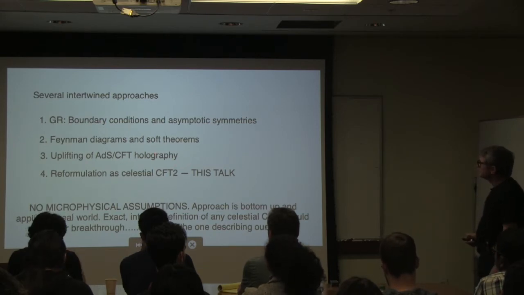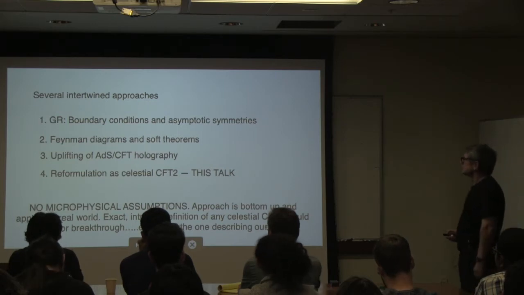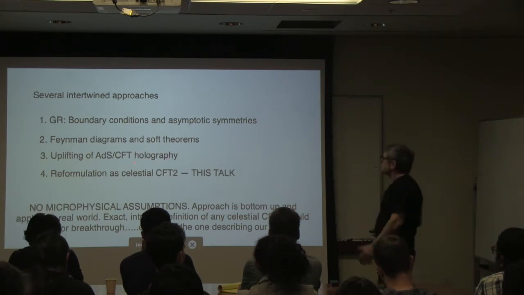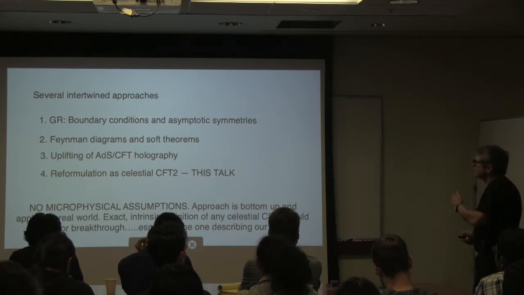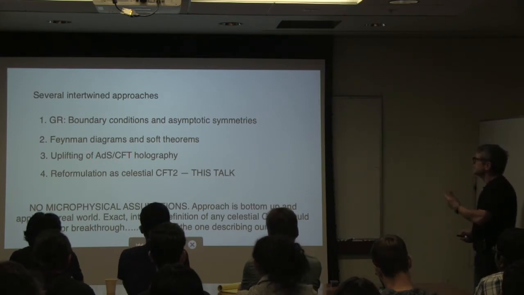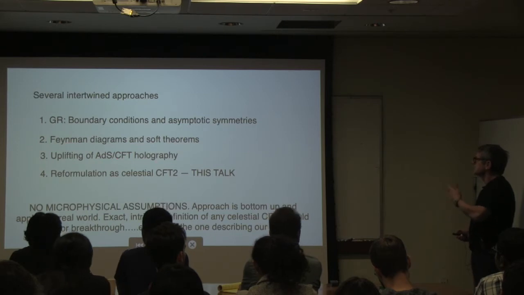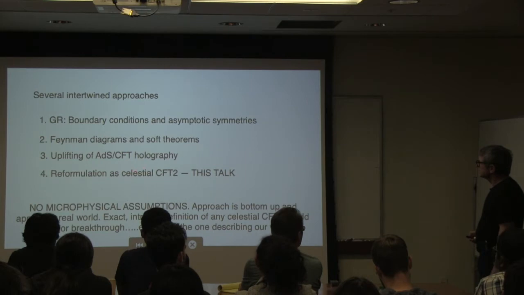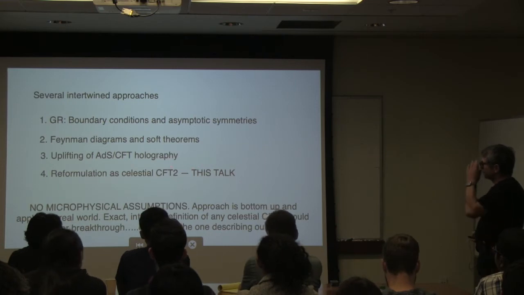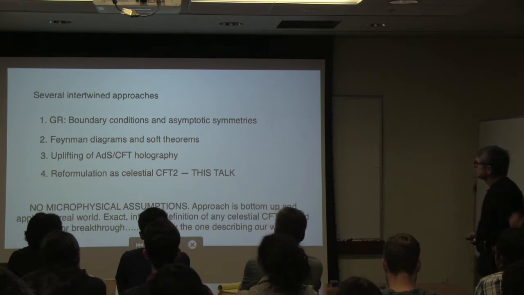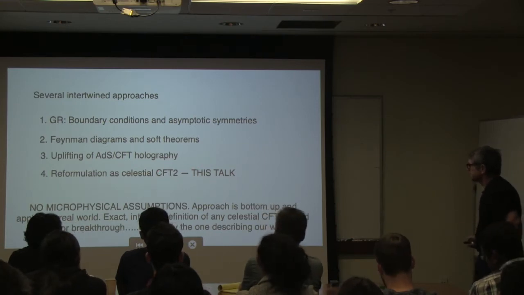Another approach, pioneered by de Boer and Solodukhin, was to bootstrap the wonderful things we've learned about AdS/CFT by writing Minkowski space as a compactification of AdS. But mostly what I'm going to talk about here is this celestial CFT in and of itself.